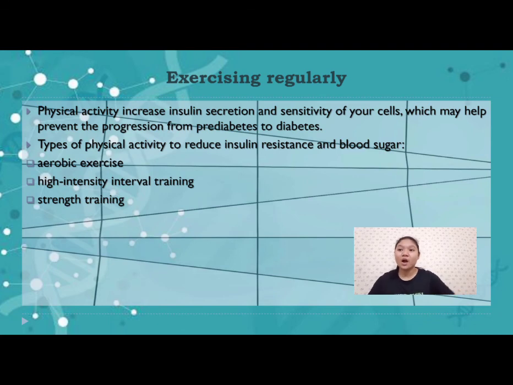During exercise, our muscles use any excess sugar in the blood and the sugar known as glycogen that is stored in the muscles and liver. After exercise is completed, the muscle will gradually replenish their sugar stores by taking in sugar from the blood. This helps lower blood sugar levels and improves insulin sensitivity.